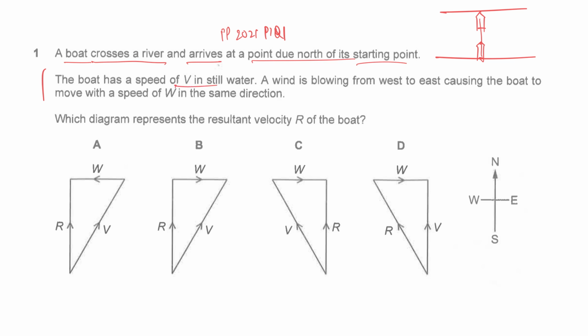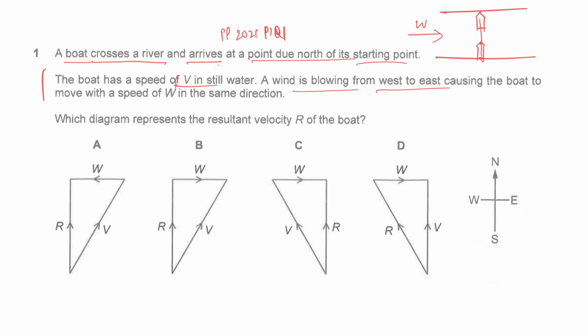You have a speed of the boat V in still water, and there's also a wind present blowing from west to east. That means this is the direction of the wind that's blowing the boat to the right.